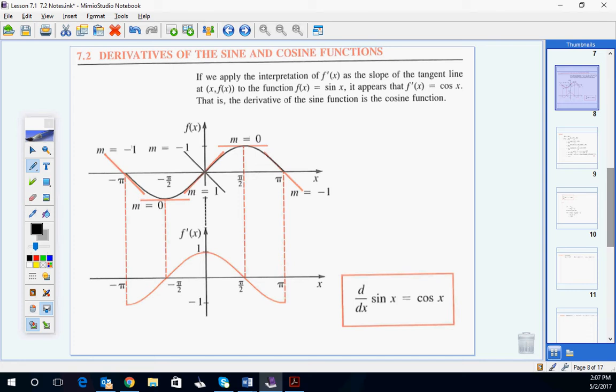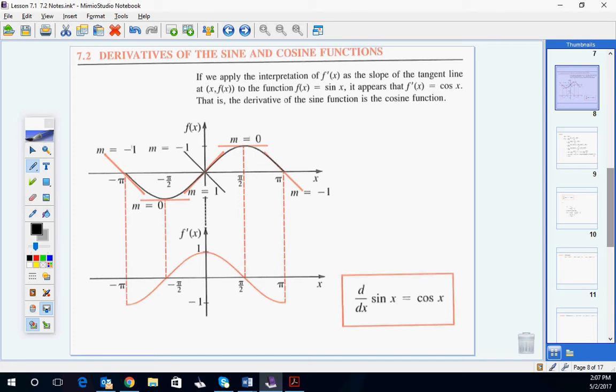So the derivative of sine is cosine. We're going to talk about why a little bit, but I'm not going to elaborate in a lot of detail. I do have the proof on here. I'll do maybe the derivative for sine, but I won't prove the other one. Or maybe I will. We'll see how it goes. So this right here is sine. If I do the derivative of that, it looks like this. This is the derivative's graph of sine.